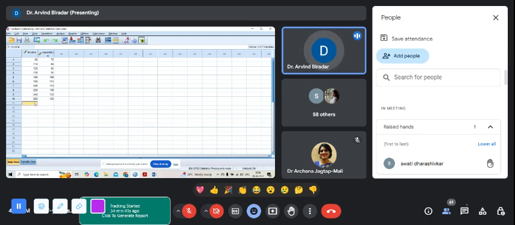Suppose income is 300, what would be the expenditure? What would be the expenditure?